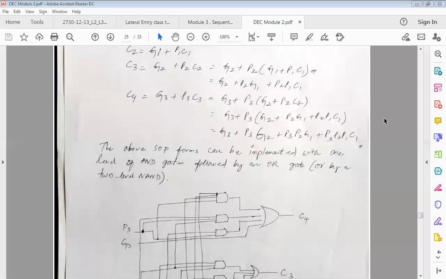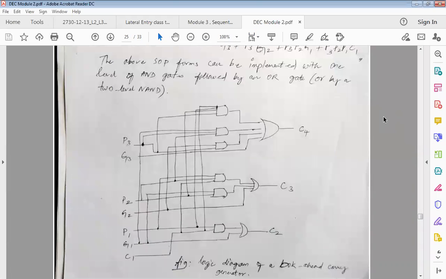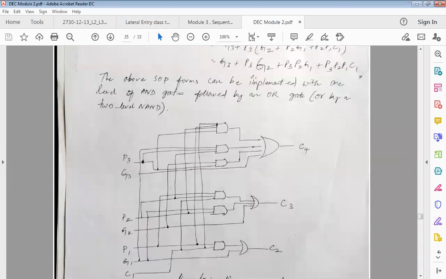Now, if I have to put this in the form of SOP form, which is sum of product form. All of these are in the form of products, and these are sums. So sum of products. A product, for example, we can say P3 P2 G1. This is a product, and this is a sum, right? Because I have a plus here. So sum of all these products, right?